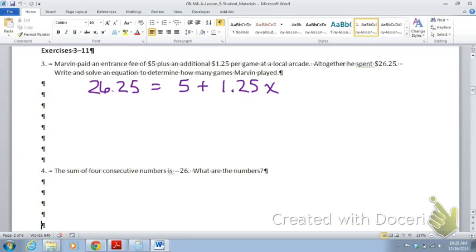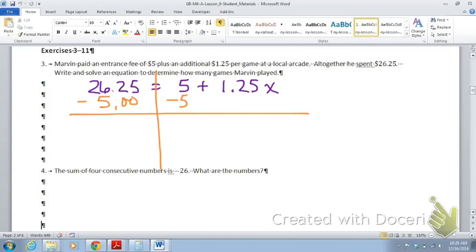Okay, so here's our equation that we came up with, and let's begin to solve it now. So I want to get x by itself. So if I subtract $5 from both sides of this equation, then I'm going to end up with an equivalent equation.